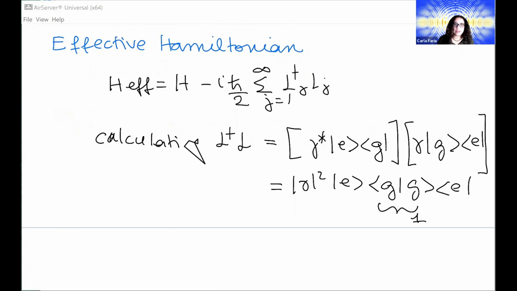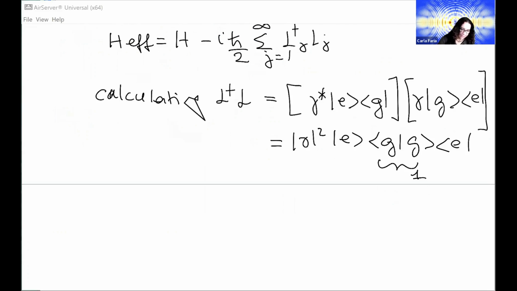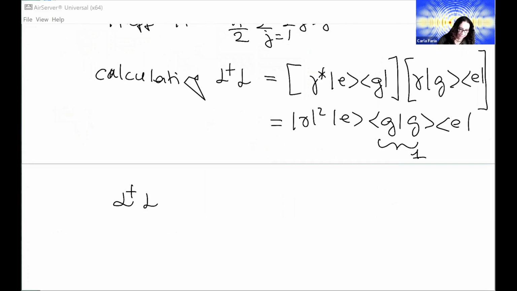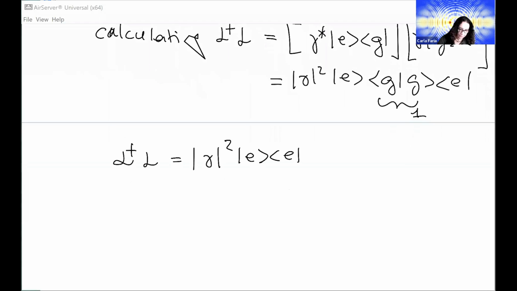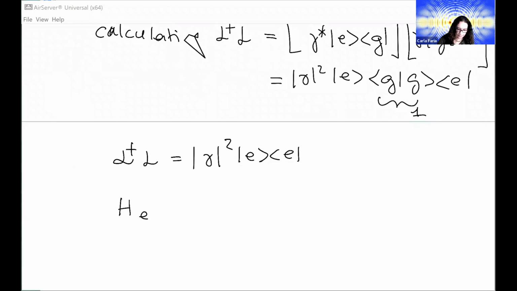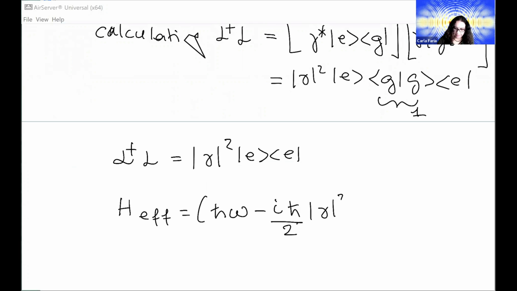And therefore we can say that L dagger L is given by modulo square gamma |e><e|. And our effective Hamiltonian is thus given by H bar omega minus i H bar gamma squared over 2 |e><e|.